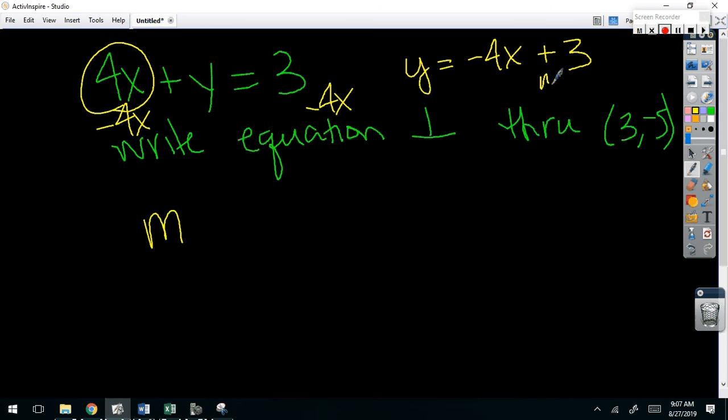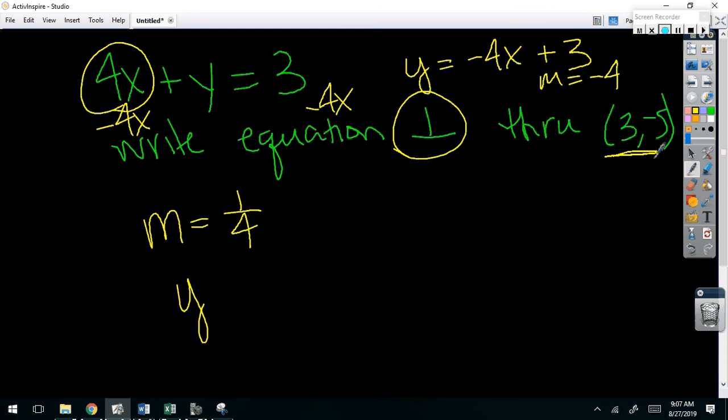Here it's negative 4. What's going to be the slope of my perpendicular line? Flip and switch. 1/4. Write the equation. y plus 5. That's right.